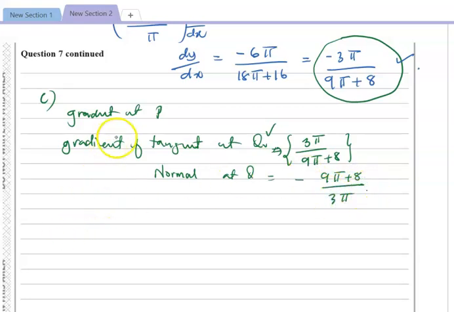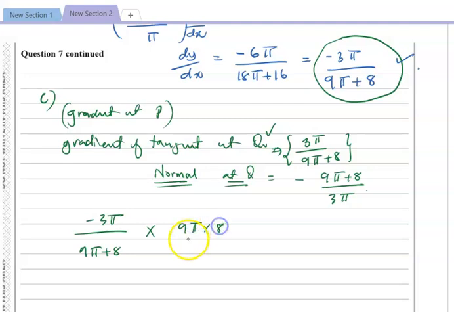That means what they're looking for is the gradient at P, which is minus 3 pi over 9 pi plus 8, multiplied by the gradient of the normal at Q, which is exactly the same thing, but reciprocal, 3 pi. I can put the negative here so that we can see quickly that we are getting the answer equal to 1, because everything is cancelling out. That's part C.